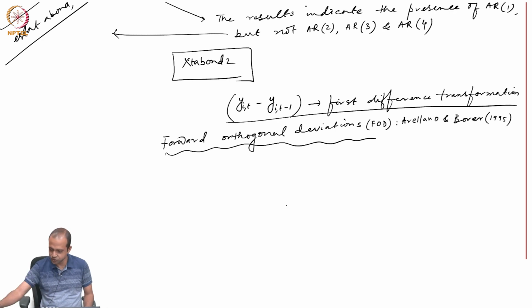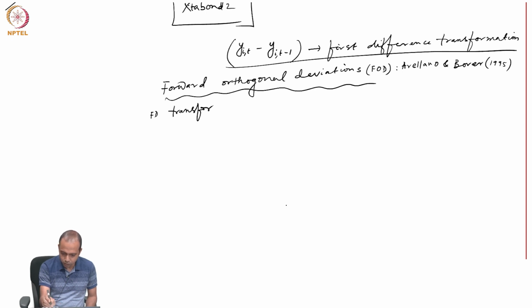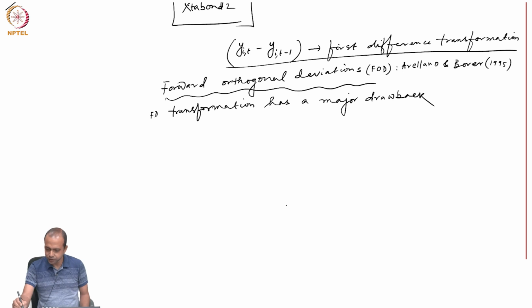What they say basically is that the first difference transformation, FD transformation, has a major drawback. What is the drawback?